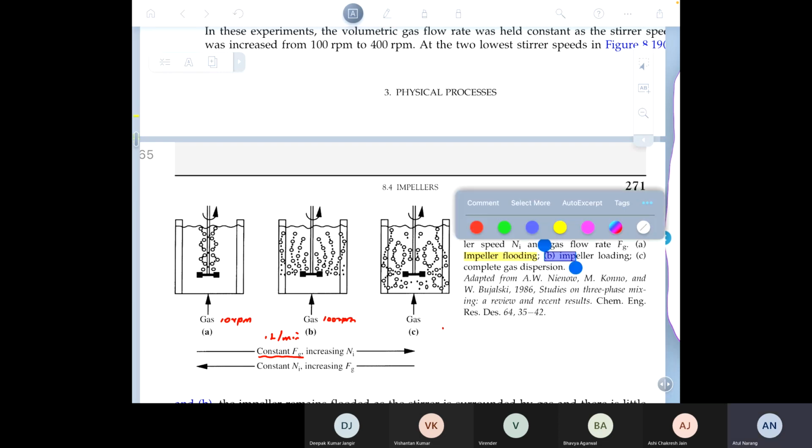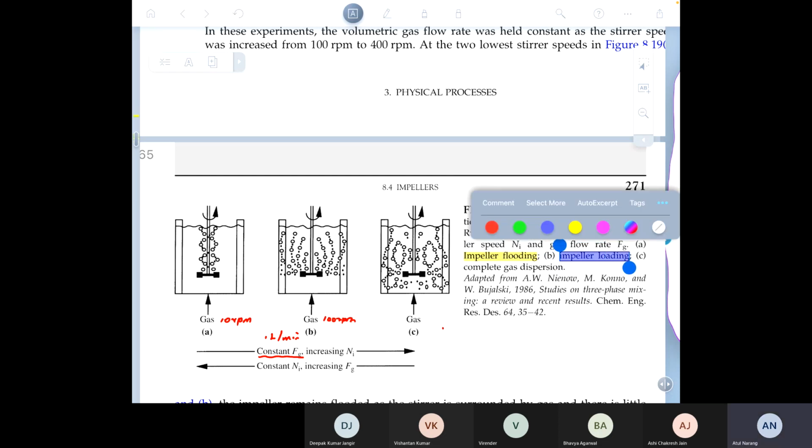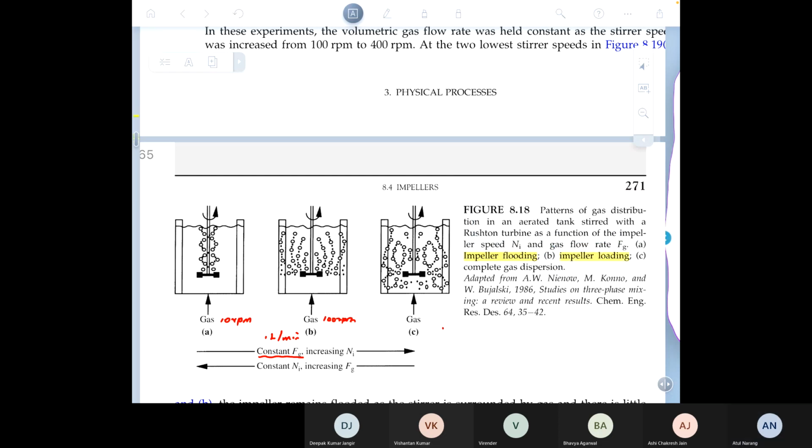Impeller loading is when basically you're getting good circulation above the impeller, but no circulation below the impeller.